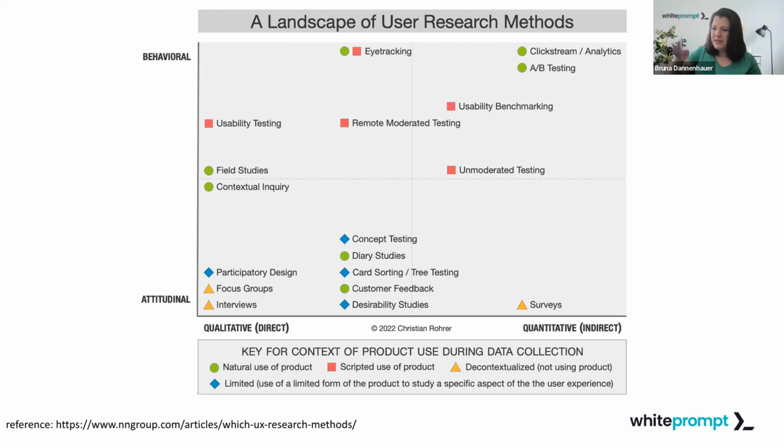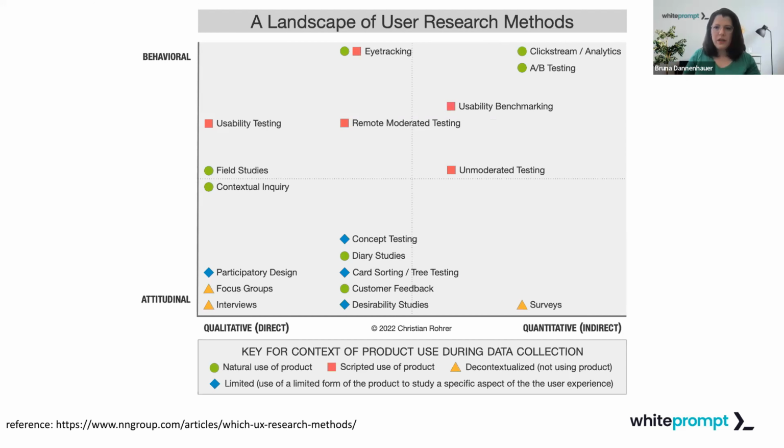All of this is how we can measure and test how the product is. Here they are distributed in a way that we can understand how the user behaves or how they say they behave. That's attitudinal. How we select a method depends on what we are studying and how we want to study it, because depending on the context and the product, we can choose one or the other.